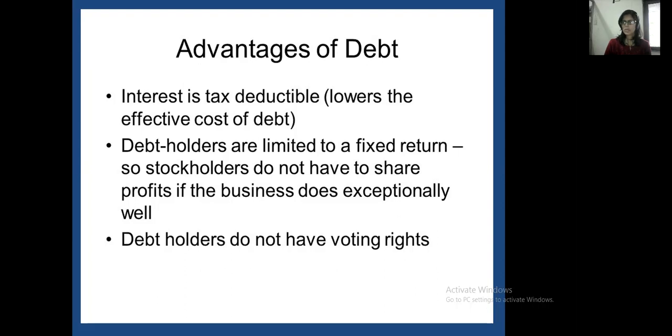Debt holder को voting right नहीं होता है, तो एक ownership वाला जो problem होती है कि then they are going to share the ownership. They are having the voting right that they can disrupt or disturb the management of the company. In that case, they don't have such type of right. That's why the businesses who are having enough earning sources, who are doing exceptionally well, are more interested in issuing debt or taking debt.